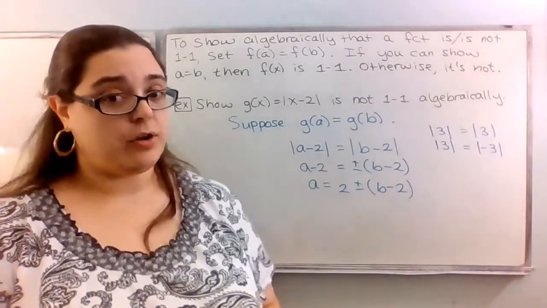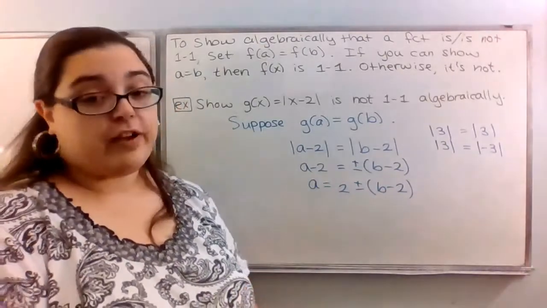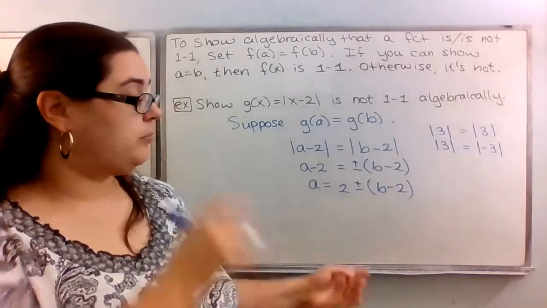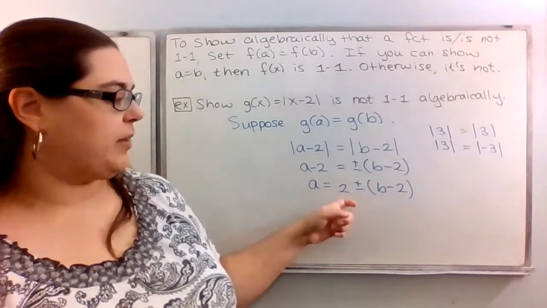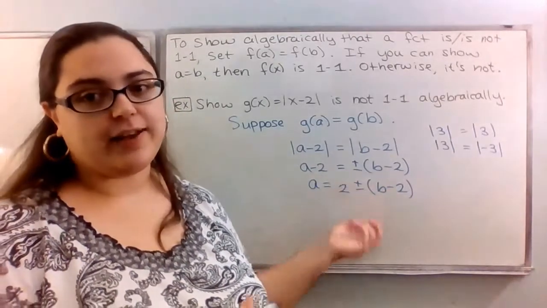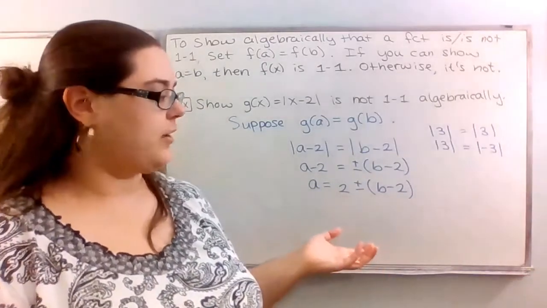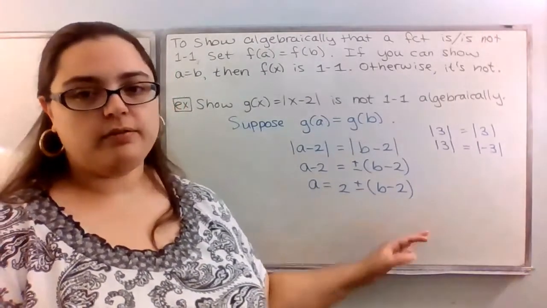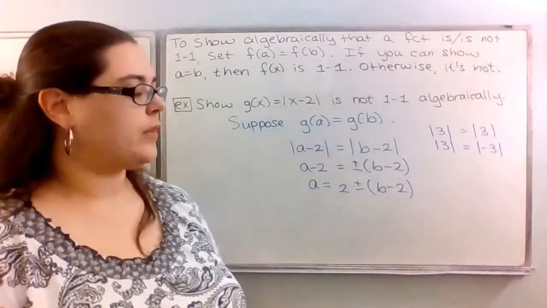Now I can continue to go from here and simplify further, because I want to make sure I can combine this 2 and this 2 and see if I get 0, because if I'm going to get 0, then I'll get a is equal to b, and we've got a one-to-one function.